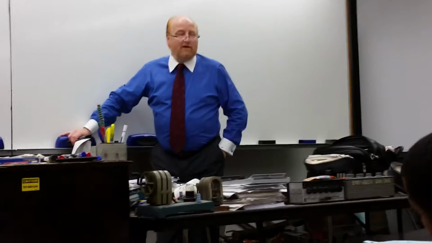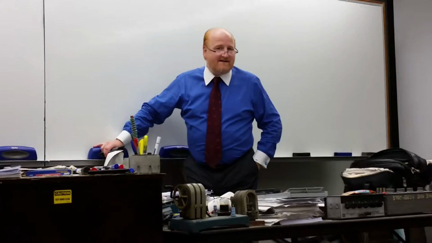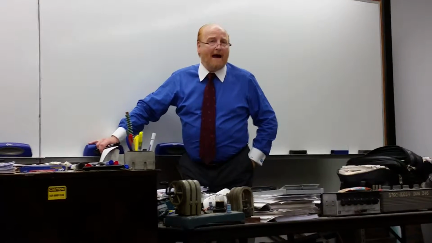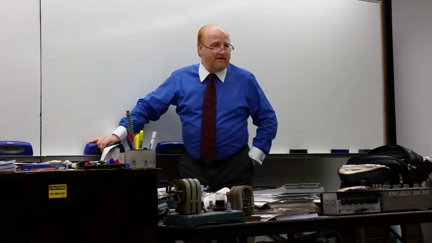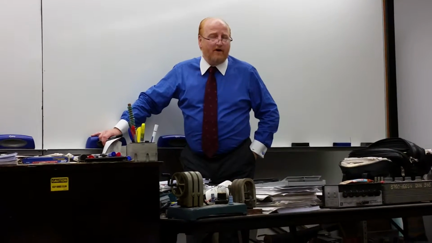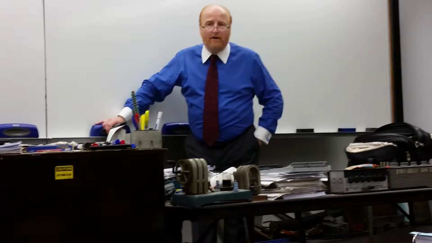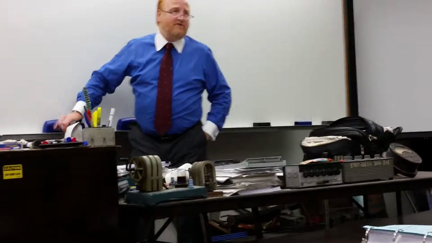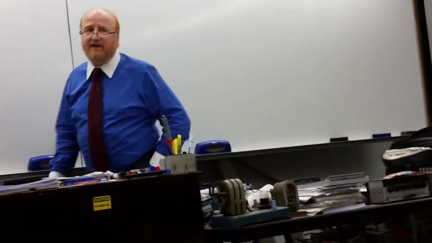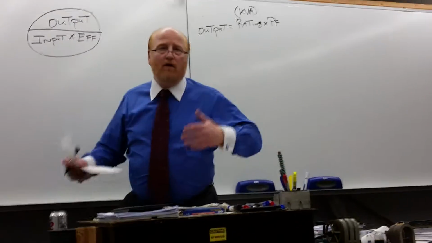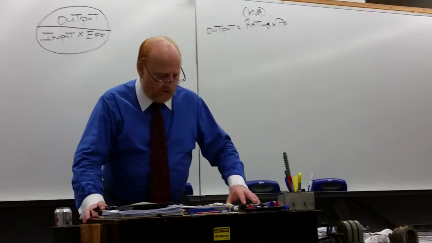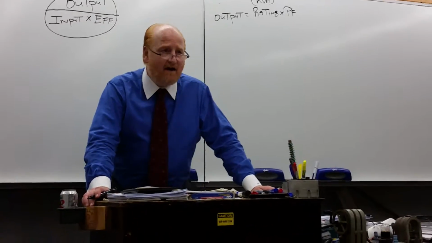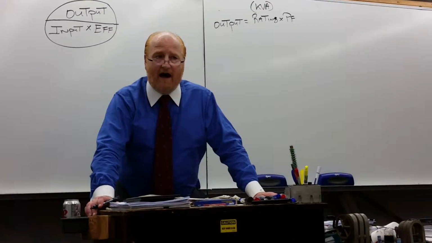And as we learned early in our AC theory program, the apparent power is expressed in volt amps. The true power is expressed in watts. The difference between the two of them is the power factor. So there will be times when we will have VA on our secondary side.